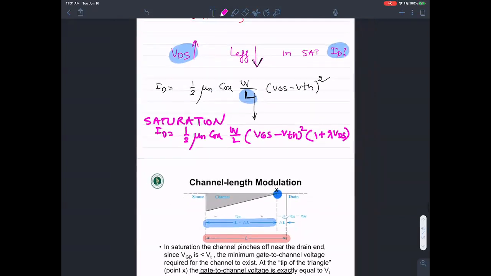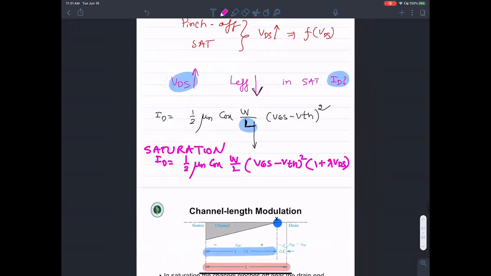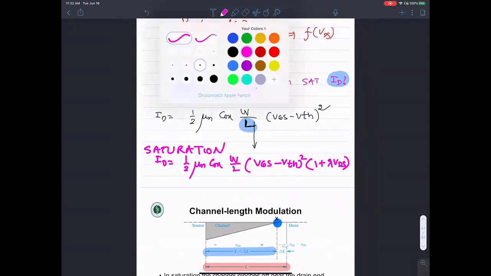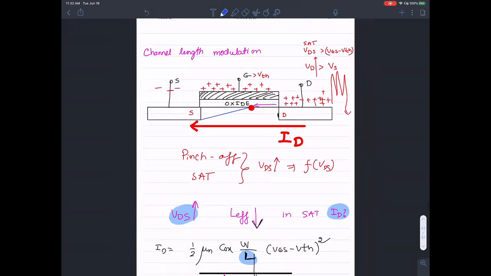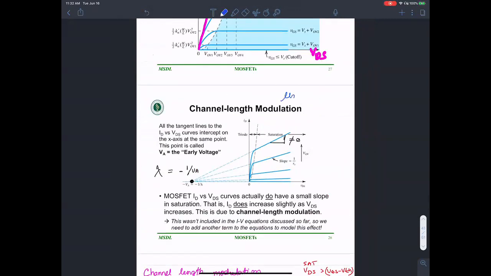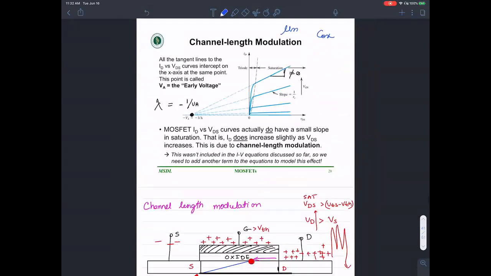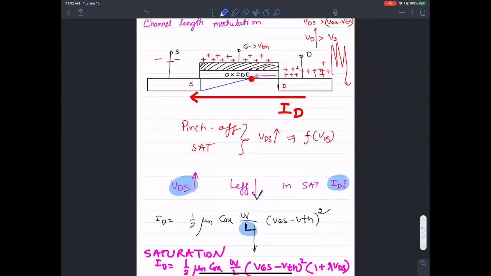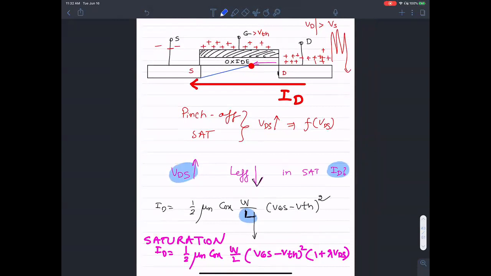Professor, what does the mu stand for? mu n, right? Mobility of electrons. mu n is the mobility of electrons. Cox is oxide capacitance per unit area. For now we can assume them to be constant. W over L is the aspect ratio, width over length ratio.